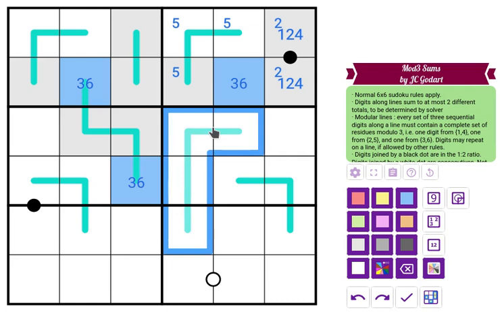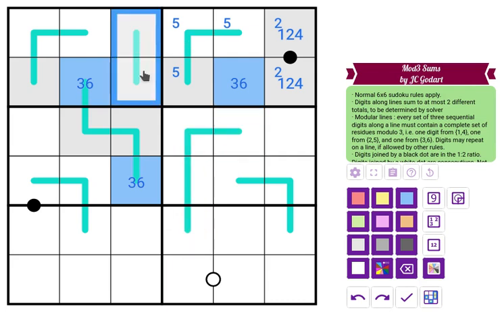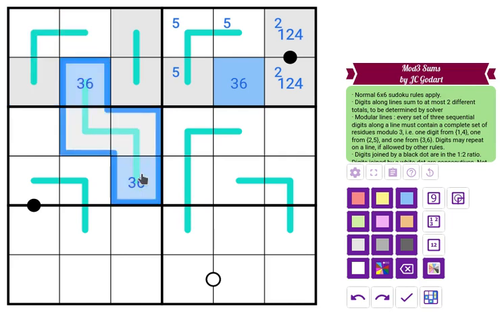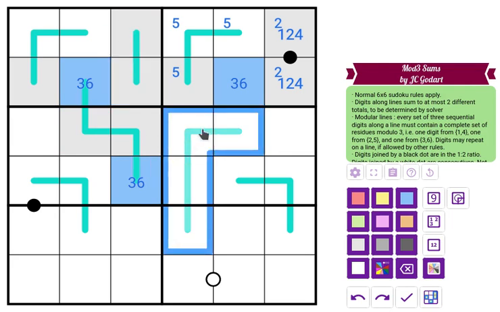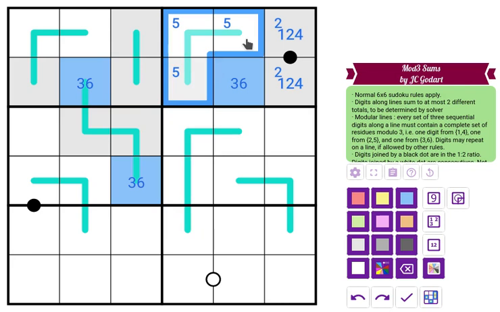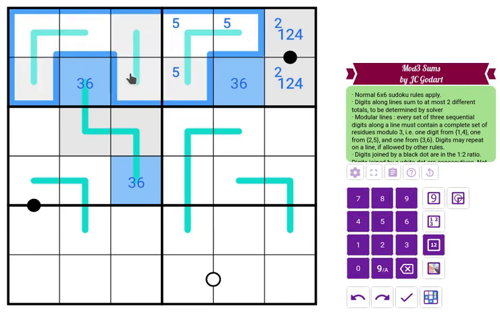If it were not a 3 6, all the other lines, which are multiple of 3, would have to sum to the same total. So all these would have to sum to the same total.